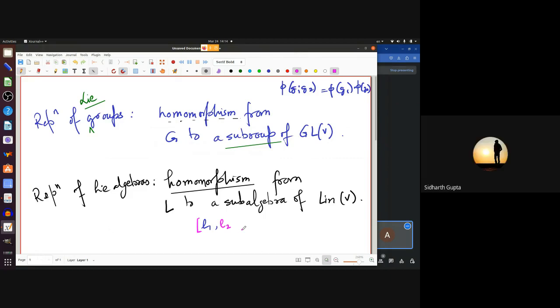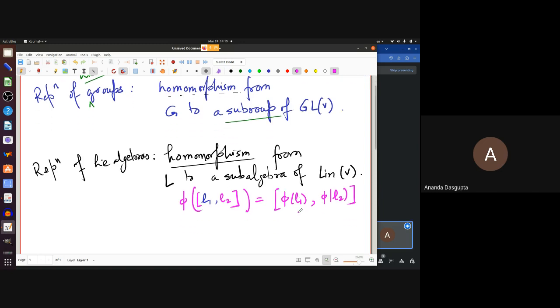So if you take two elements, l1 and l2, from the Lie algebra, form their Lie bracket, and then carry out the map, you are going to get the corresponding Lie bracket in Lin V or its subalgebra, the bracket of phi l1 and phi l2. So that's the structure preserving thing. You have a map and it preserves the basic structure of your algebra.